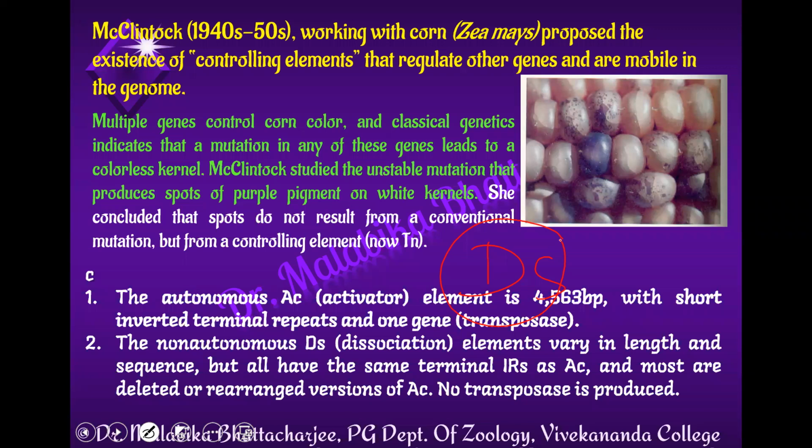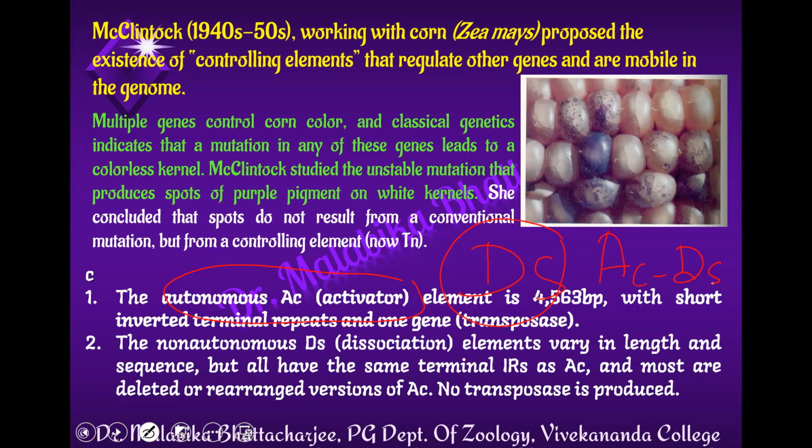So it was non-autonomous. Further studies revealed that there is another element which McClintock named Activator. This Activator element was shown to be self-mobilizing, or autonomous. So it was observed that in the Ac/Ds system, Ds is incapable of moving without the Ac.